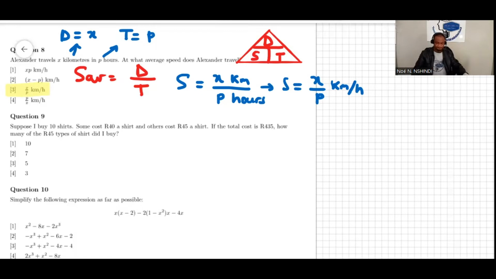Now, the following question is question 9. It says, suppose I buy 10 shirts, okay? Some cost 40 rand a shirt and others 45 rand a shirt. If the total cost is 435 rand, how many of the 45 rand shirts did I buy? It's quite tricky here because I don't know how many of each, but we can calculate it.